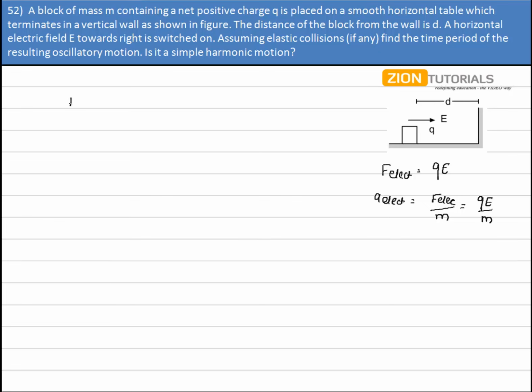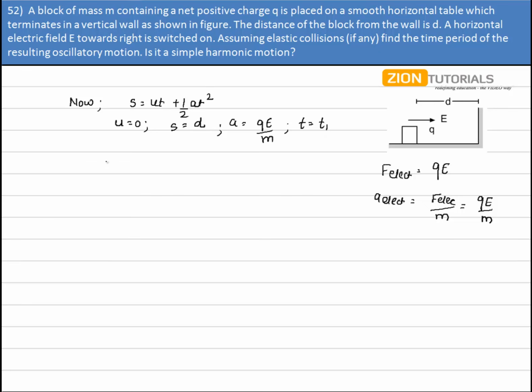Now we are using the equation s = ut + ½at². As we have to calculate the time t, we know that u is 0, s is given as d, and acceleration I calculated equals qE by m, and let t be t1, the time required for the block to reach the wall.